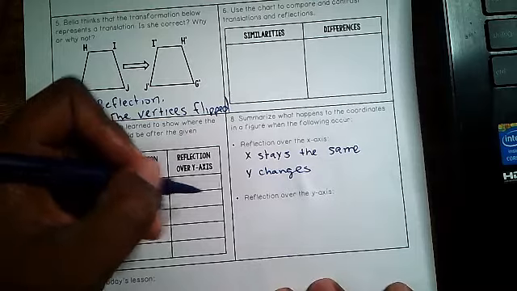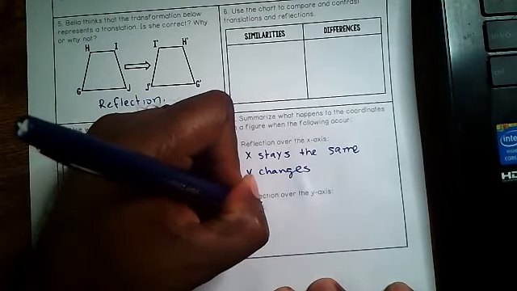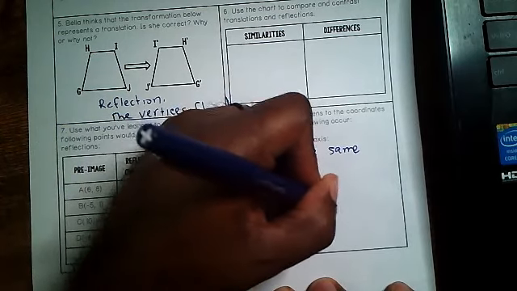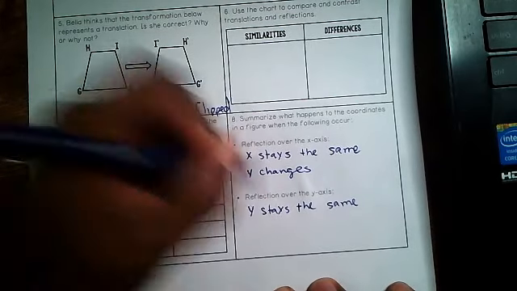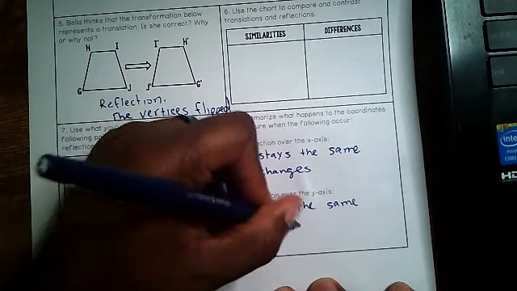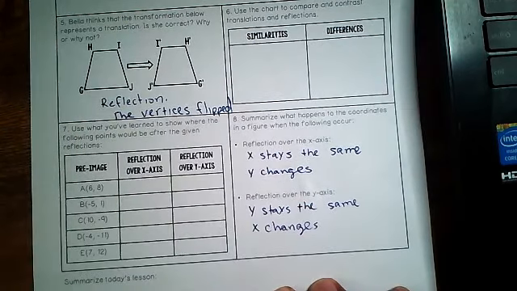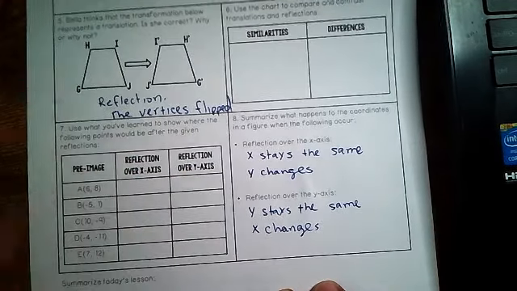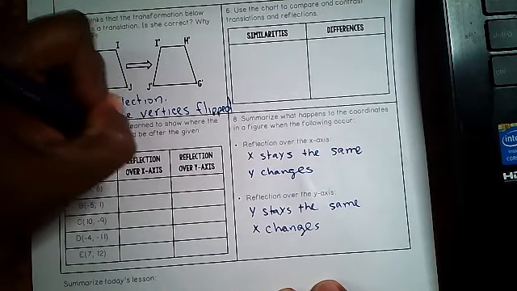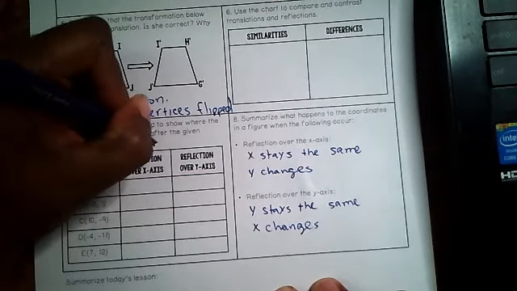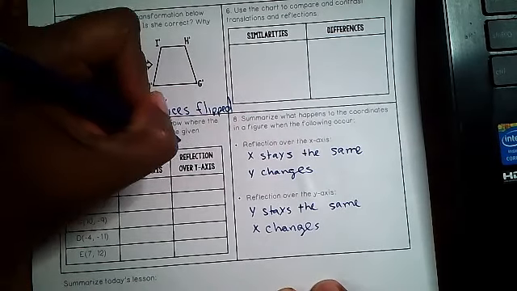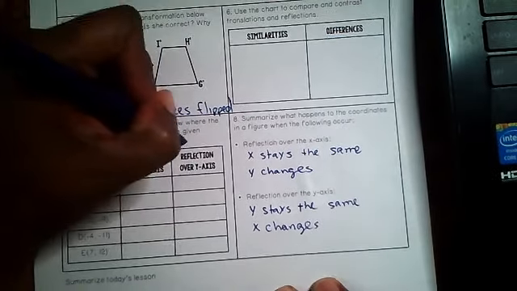And for reflection over the y-axis, y stays the same and x changes. So if we look over here, for reflection over the x-axis, the y value is going to change, and for reflection over the y-axis, the x value changes or becomes opposite.